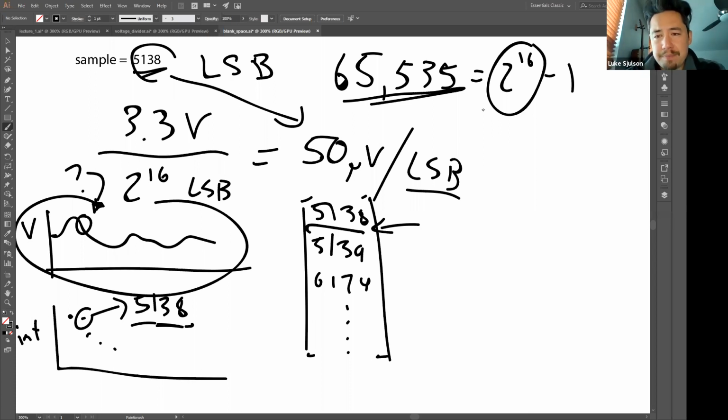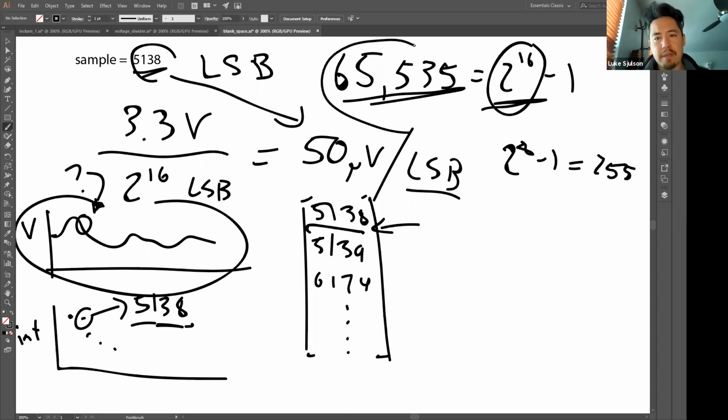The key thing here is that this is a 16-bit A to D converter, so it gives you very high resolution. Whereas if you have an 8-bit converter, where 2 to the 8th minus 1 is 255, you only get 255 values it can take, compared to 65,000 here.